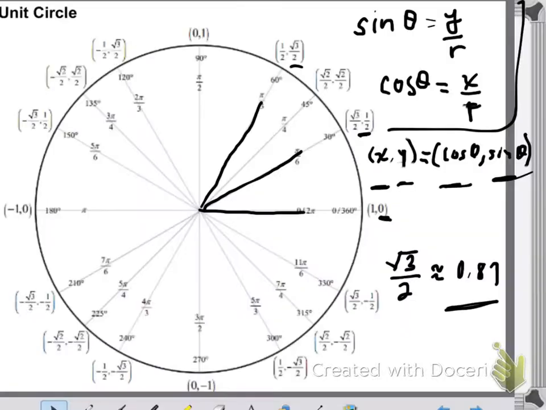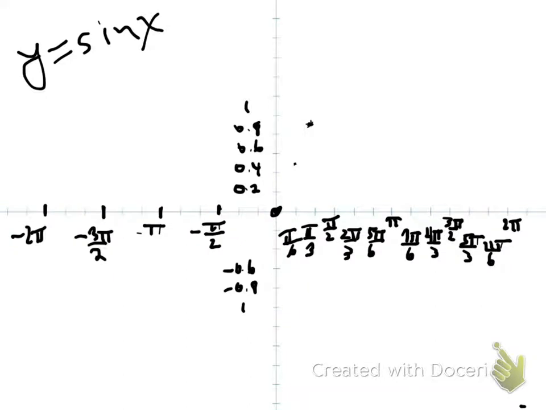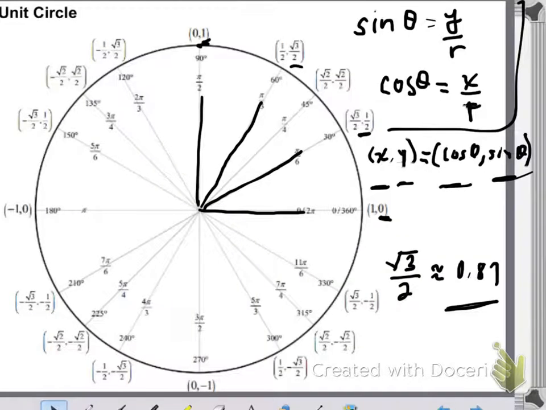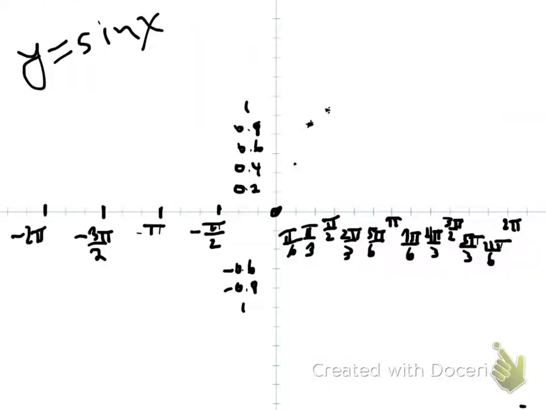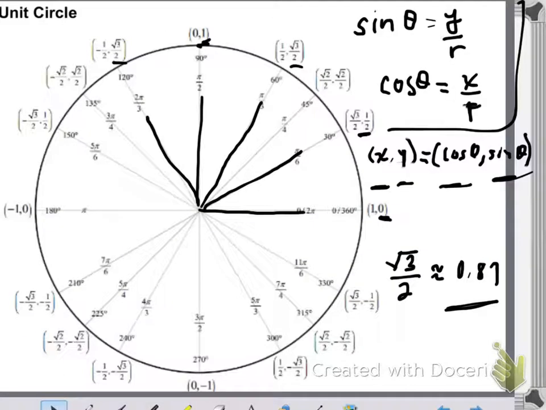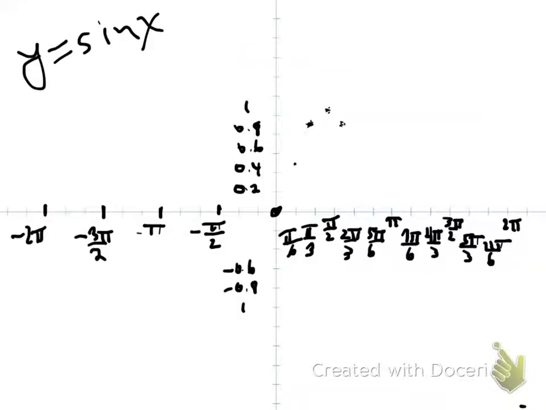Alright, sine of pi over 2, bam, it's going to be 1. So right here, the sine of 2 pi over 3 is square root of 3 over 2 again. Alright, the sine of 5 pi over 6 is going to be a half.